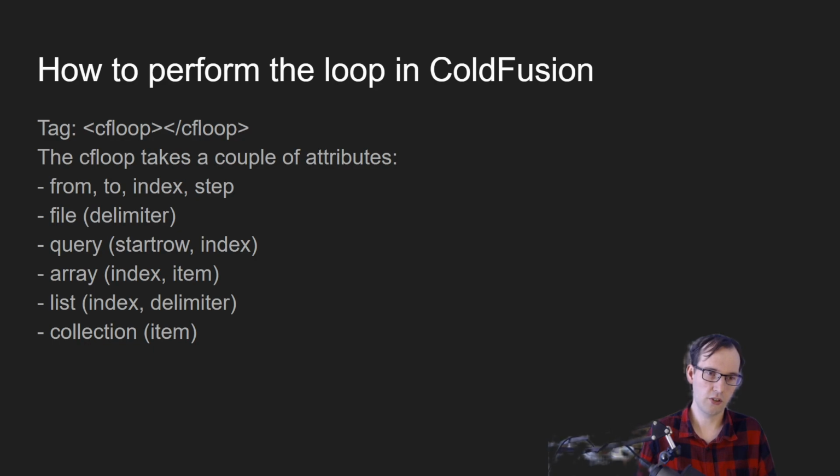In queries you can use a start row and index again to know which row you're on, and start row is where you want to start. For example, if I want to have only the last 5 records, or a certain type of rows from the query, I could start at a different row in the query table.